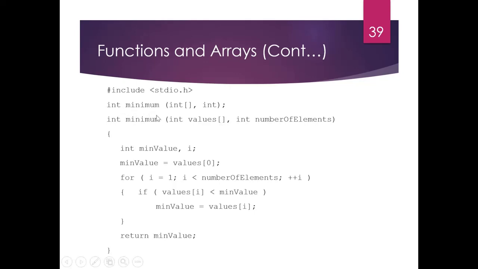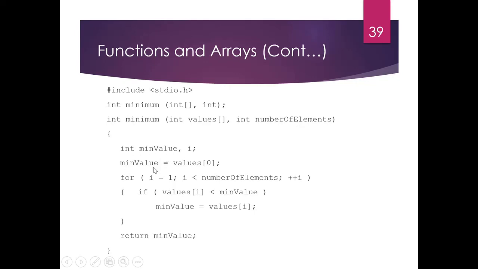Let's take this example. Int minimum, an integer type array as input and another integer variable. There are two parameters. This is the minimum function declaration: int values, int number of elements. Here int min value, i, these are two variables.